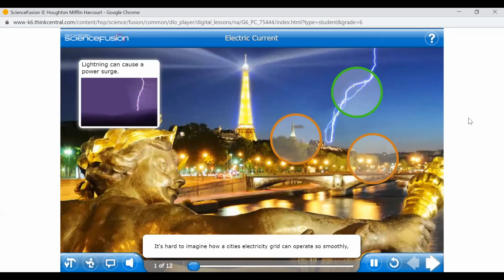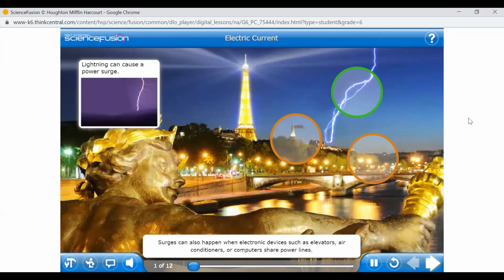It's hard to imagine how a city's electricity grid can operate so smoothly, especially when you consider how many people are turning off and on so many electrical devices. Sometimes there is a significant increase in the electric current that flows through a power line called a surge. A very short surge is referred to as a spike. Lightning like this often causes surges.